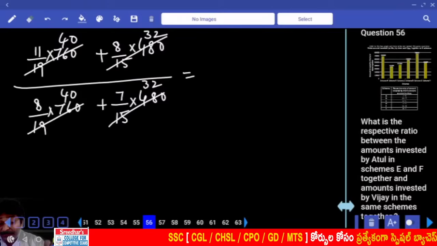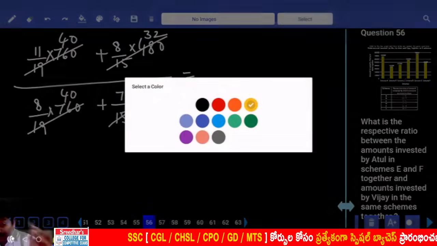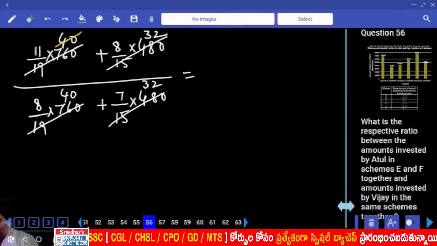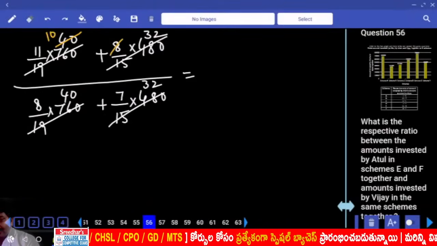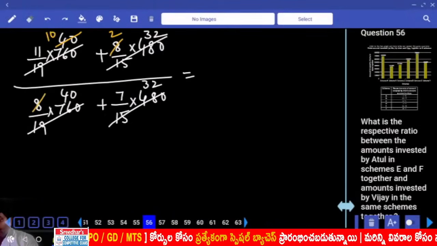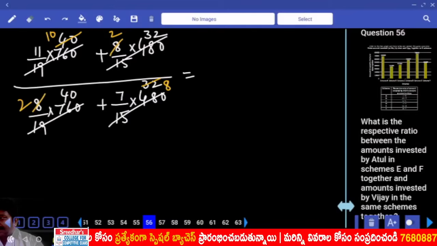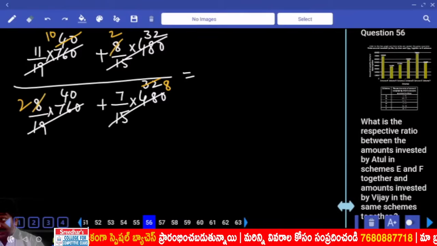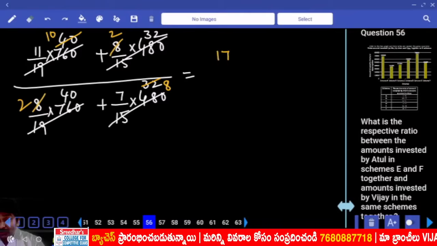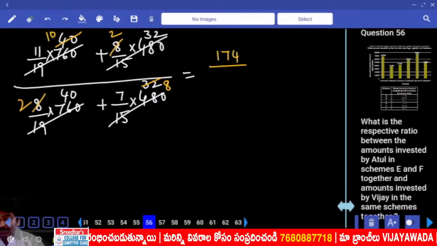Otherwise, to simplify our simplification, let us do one thing. Cancellation with 4. 10, 2, 2, 8, 110, 64, 174.